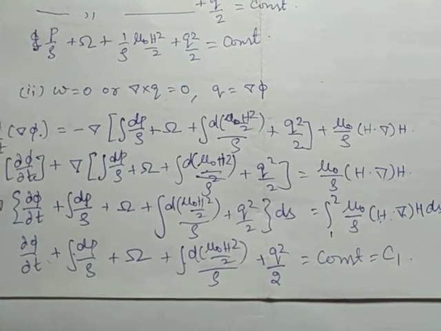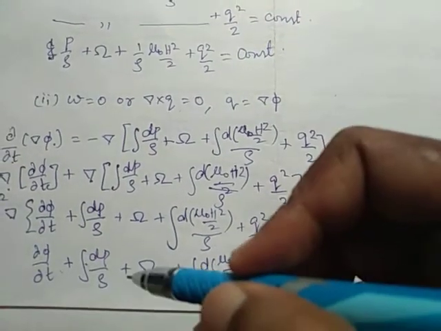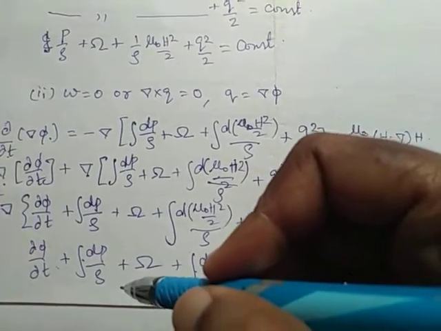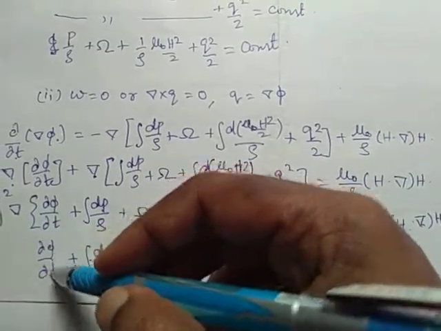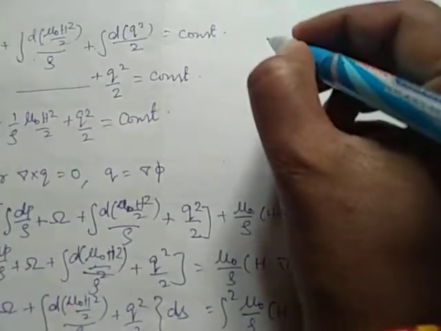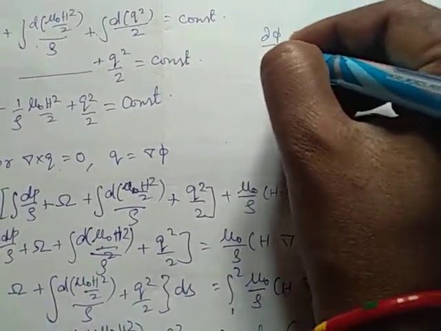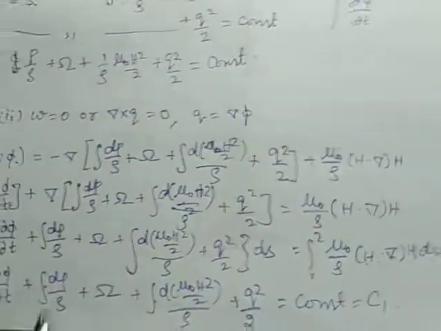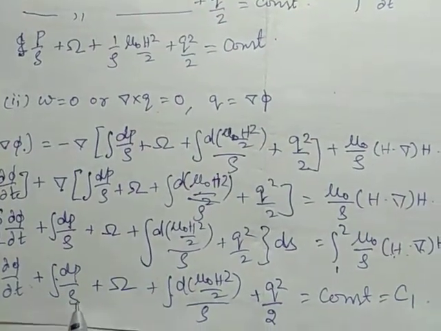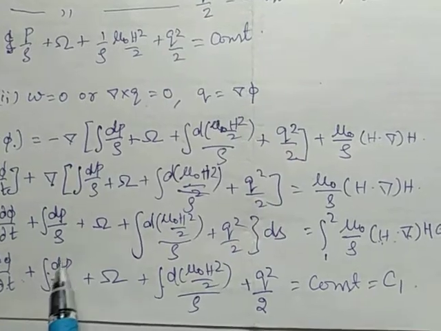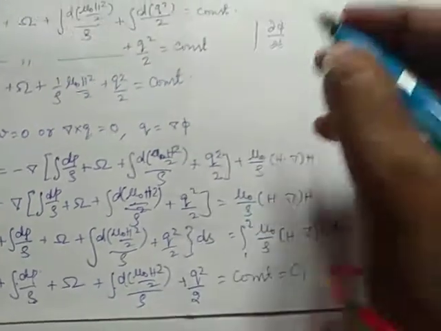If the fluid is homogeneous, then density becomes constant. This equation we can write as dou phi by dou t remains as it is. Next, rho is constant. Therefore, the integration of dp is p itself.